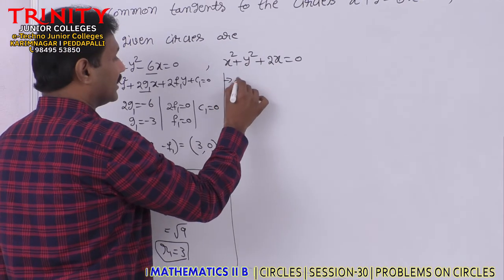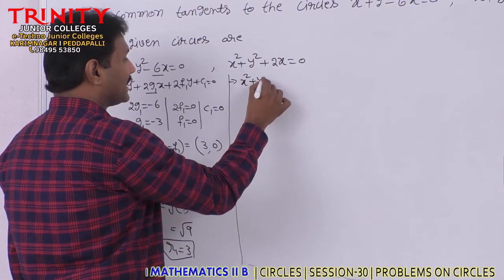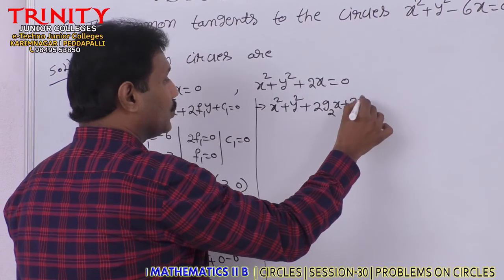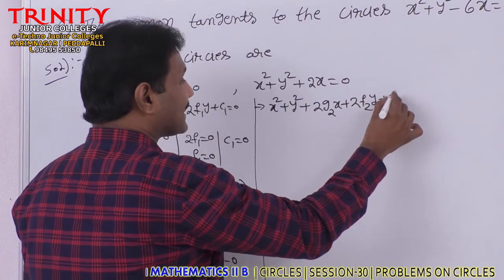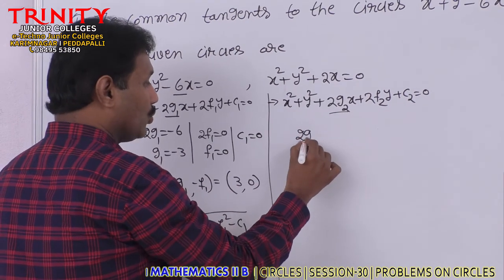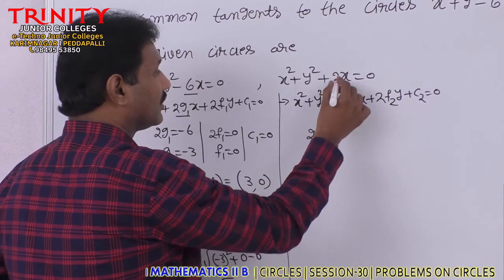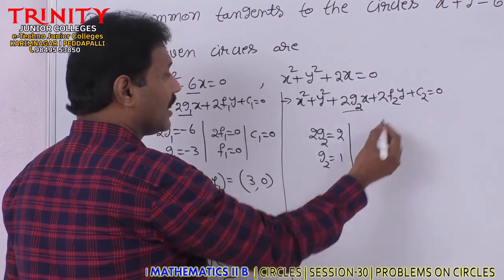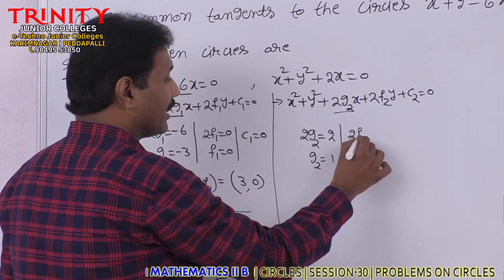This is also in the form x square plus y square plus 2g2x plus 2f2y plus c2 equal to 0. Here x coefficient is 2g2 equal to 2, g2 equal to 1. Here y coefficient is 2f2.